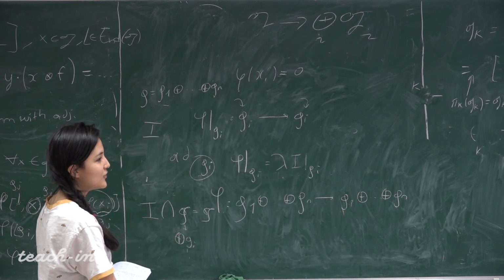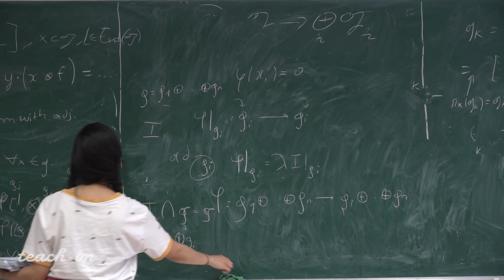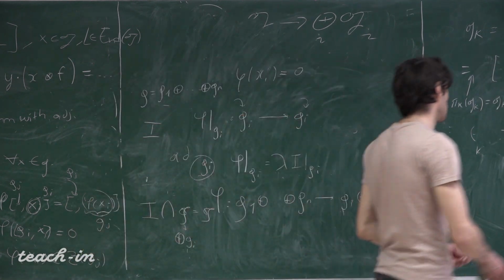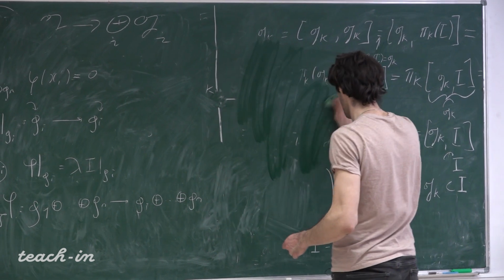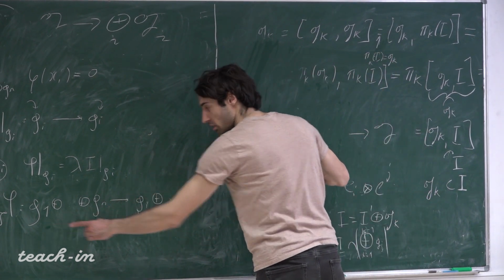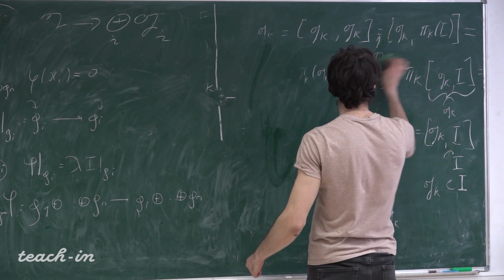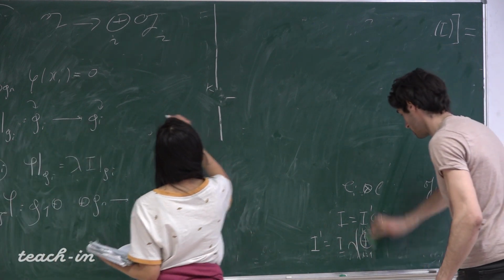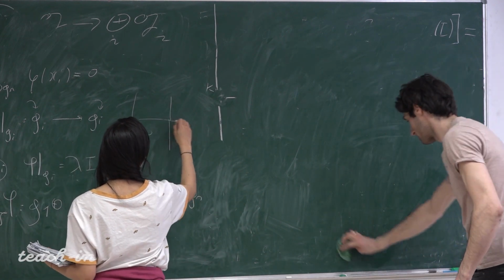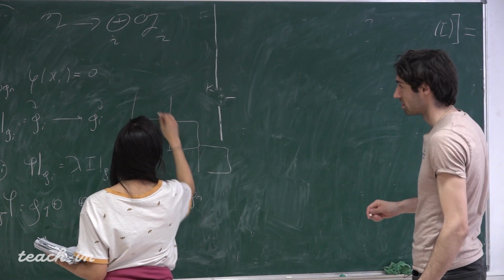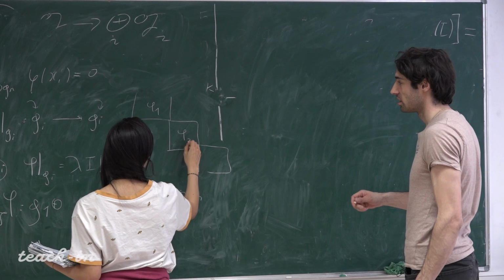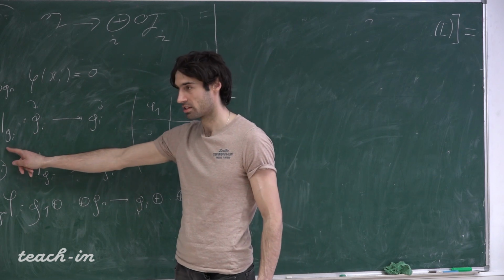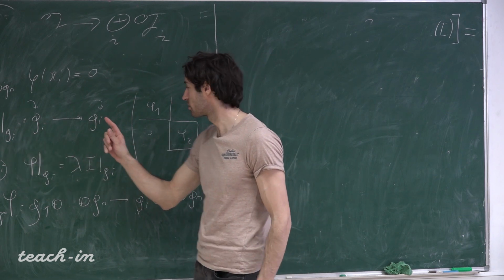Let me just illustrate it again. It's always useful to draw blocks of matrices. If you have some linear transformation from here to here, you have blocks corresponding to different G_i.